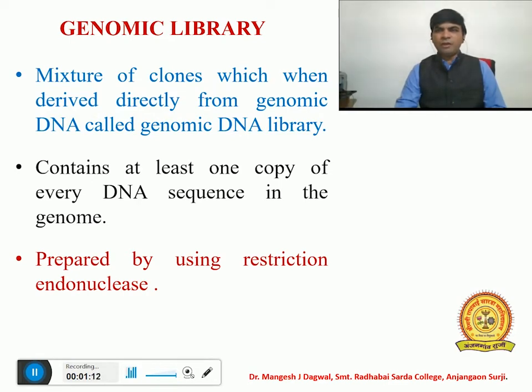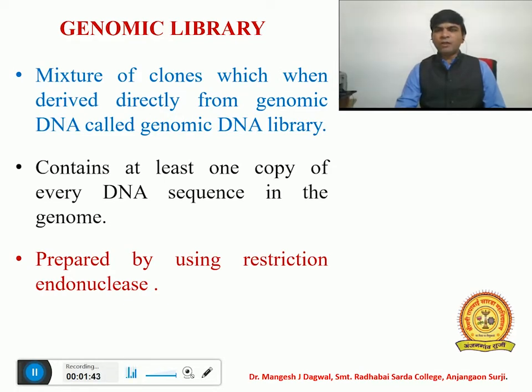Whenever we construct the genomic library, during its construction a number of DNA fragments are formed, and in that entire genetic material there should be at least one copy of every DNA sequence in the genome.